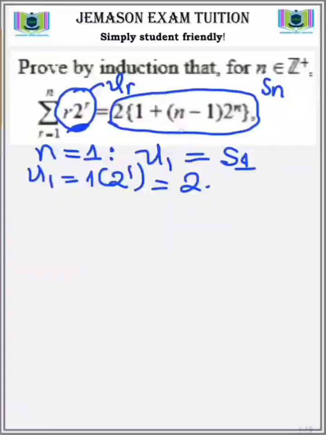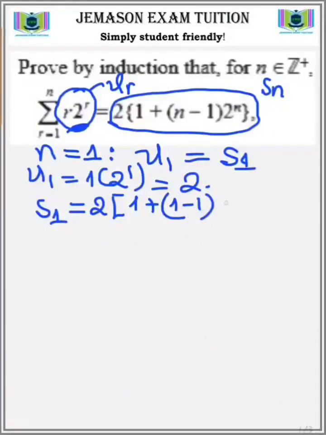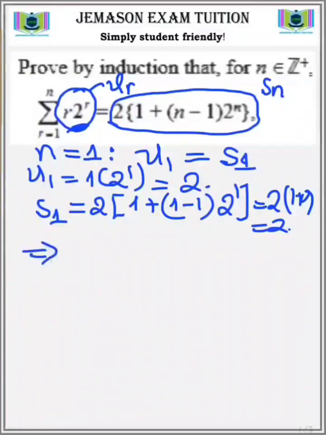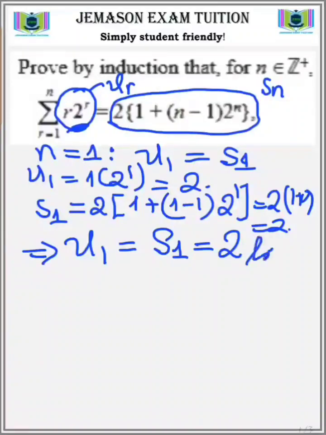And when n equals 1, substituting in the right hand side, we'll get the sum of the first term, which should be 2 into 1 plus 1 minus 1 times 2 to the 1, which gives you 2 into 1 plus 0, which is 2. So we then have that the first term is equal to the sum of the first term, which is equal to 2, and so the formula is true for the case where n equals 1.